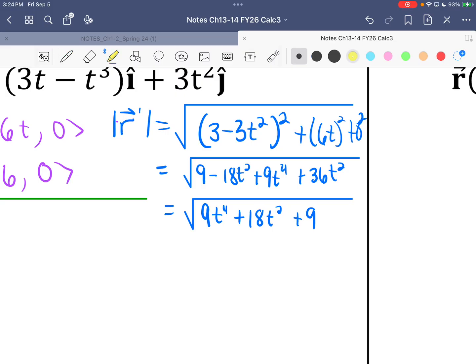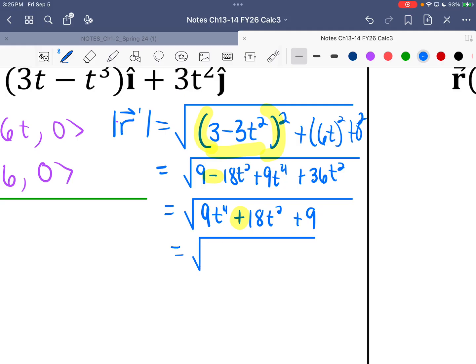And so you see, a lot of the time a really well-written question is going to go from having something with a minus sign, see how it gave us minus 18t squared, and now when we simplified things, it becomes plus 18t squared, so your factoring can be a little bit easier if you notice that.